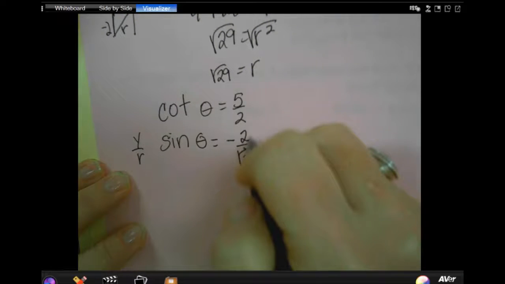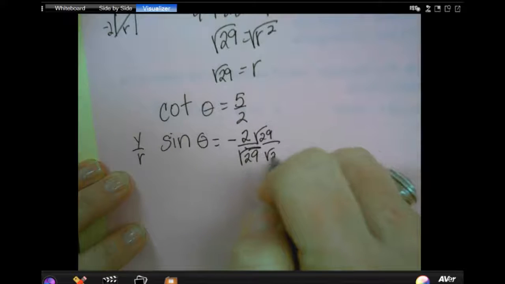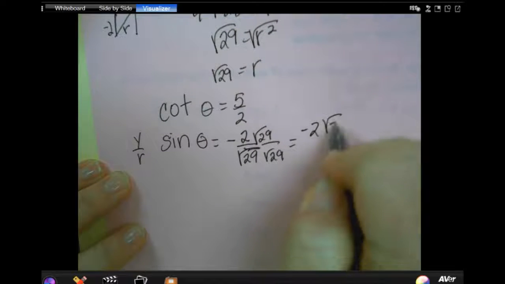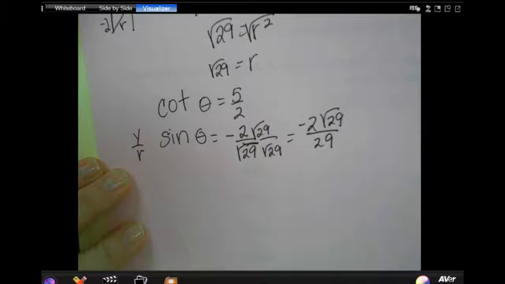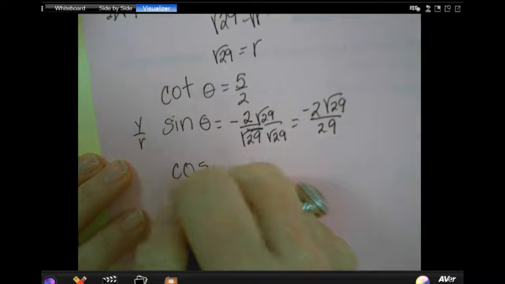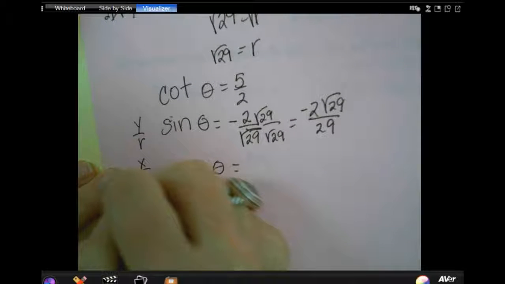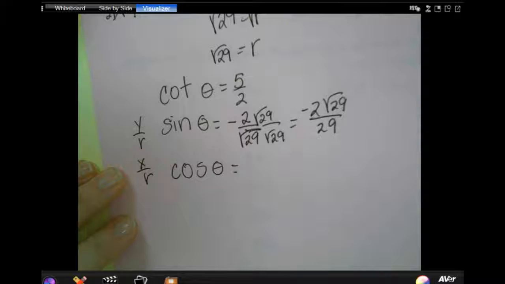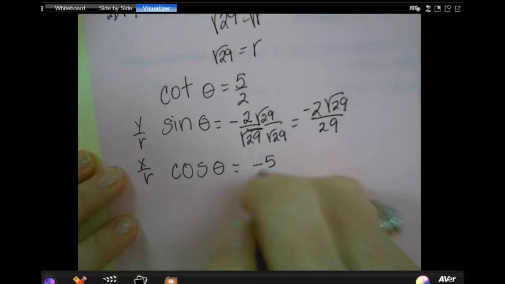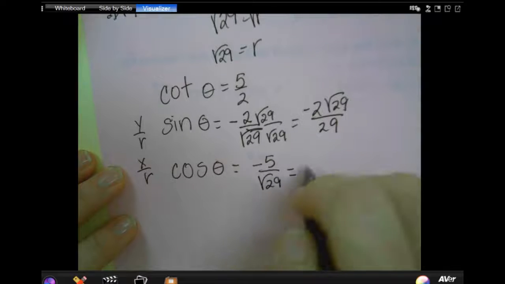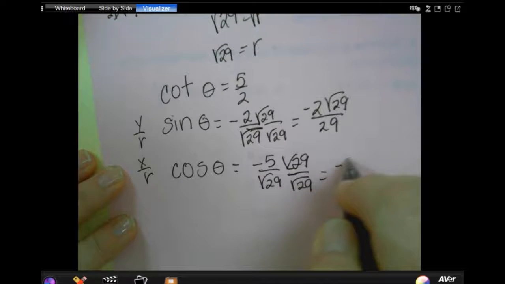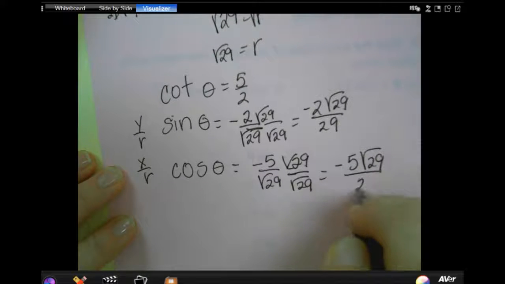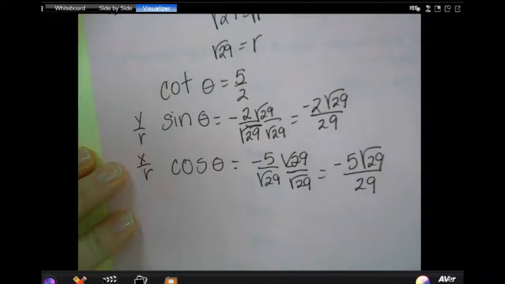I have to rationalize it. Cosine of theta is x over r. My x this time is negative 5 over the square root of 29. We have to rationalize.